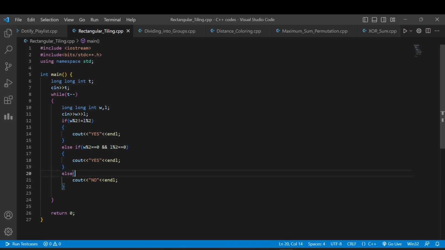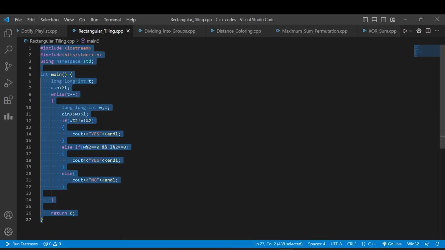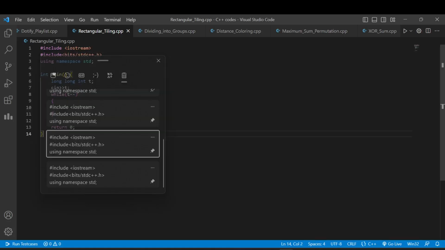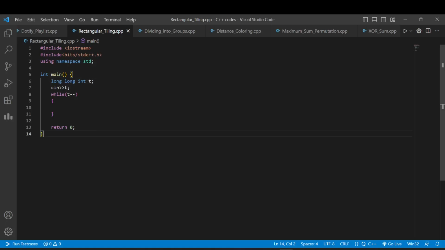Okay, here I have taken the number of test cases as input initially.